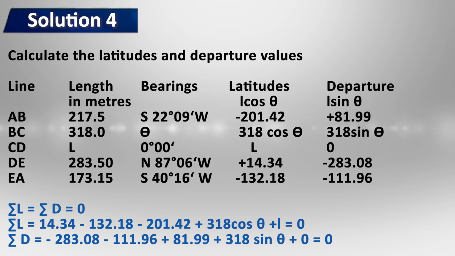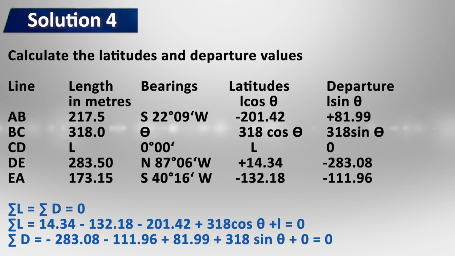And the second equation, from sigma D equal to 0: minus 283.08 minus 111.96 plus 81.99 plus 318 sin theta plus 0 is equal to 0.